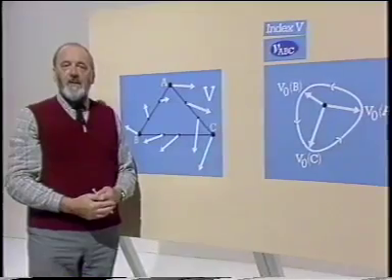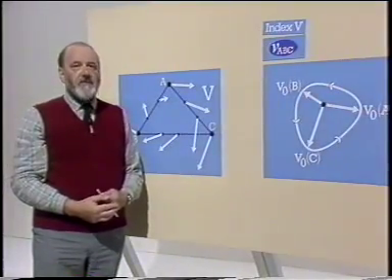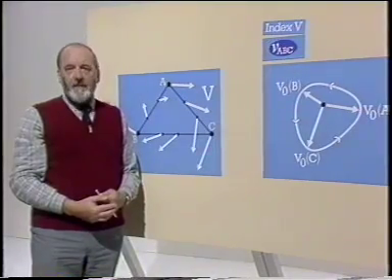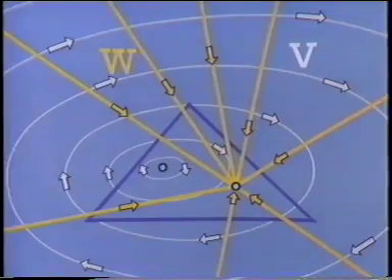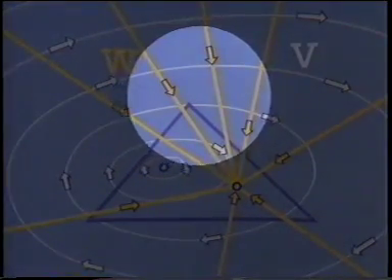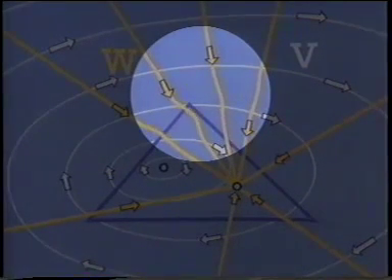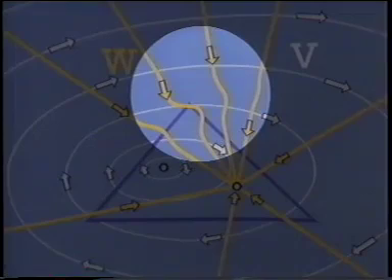Now, before we deal with the index of W, we're actually going to deform W so that it coincides with V at every vertex. We look at each vertex and we take a neighborhood of it which is small enough to exclude all singularities. Then, within the neighborhood, we deform W smoothly until it agrees with V at the vertex.